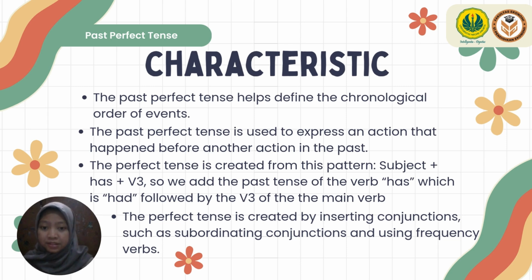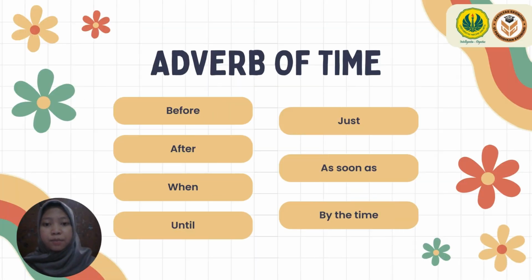It is created by inserting conjunctions such as subordinating conjunctions and using frequency verbs. We also can add time words like before, after, when, until, just, as soon as, by the time. Before means sebelum, after means sesudah, when means ketika, until means sampai, just means baru saja, as soon as means secepatnya, by the time means pada saat itu.